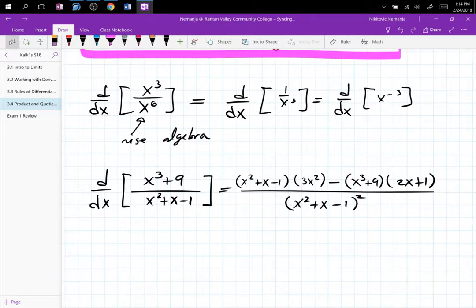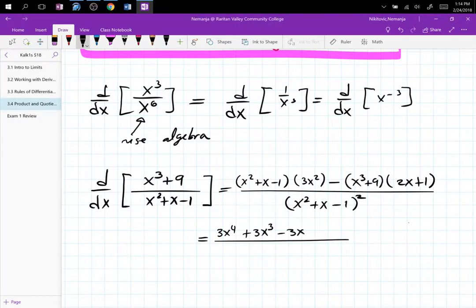At which point you FOIL and combine like terms to get it to lowest terms. So we have 3x to the 4th plus 3x cubed minus 3x squared. And now you have to FOIL. This is 4 terms here.